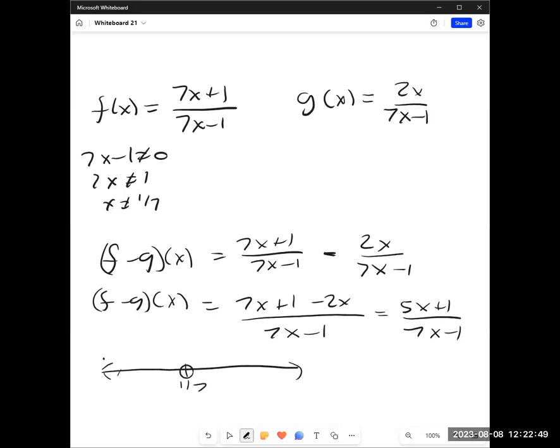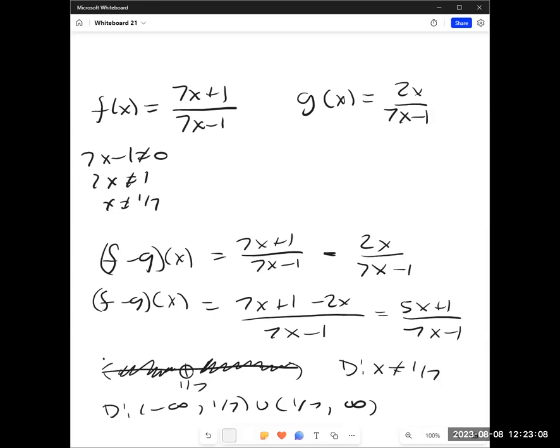There's an open circle there, so it's everything to the left and everything to the right. So my domain in interval notation is negative infinity to 1/7 union 1/7 to infinity. It would be okay to say that my domain was x is not equal to 1/7 as well. That's just as valid.